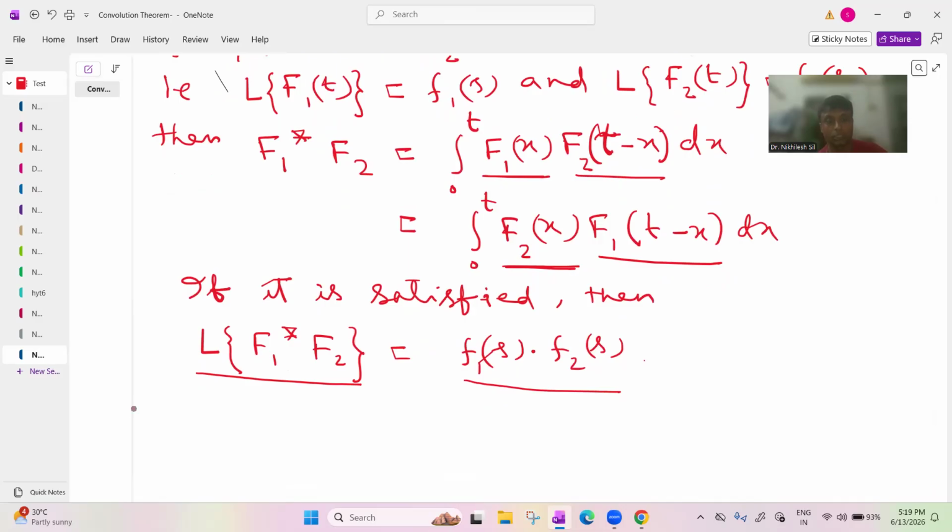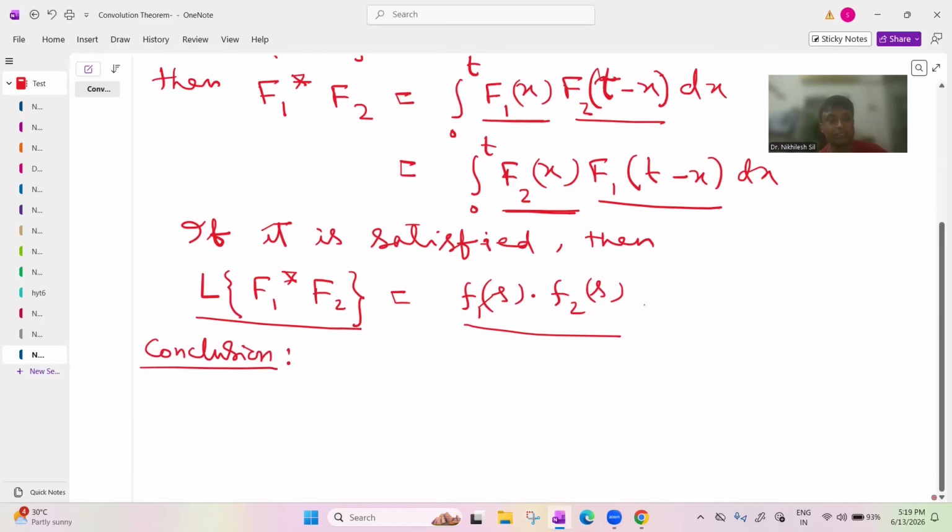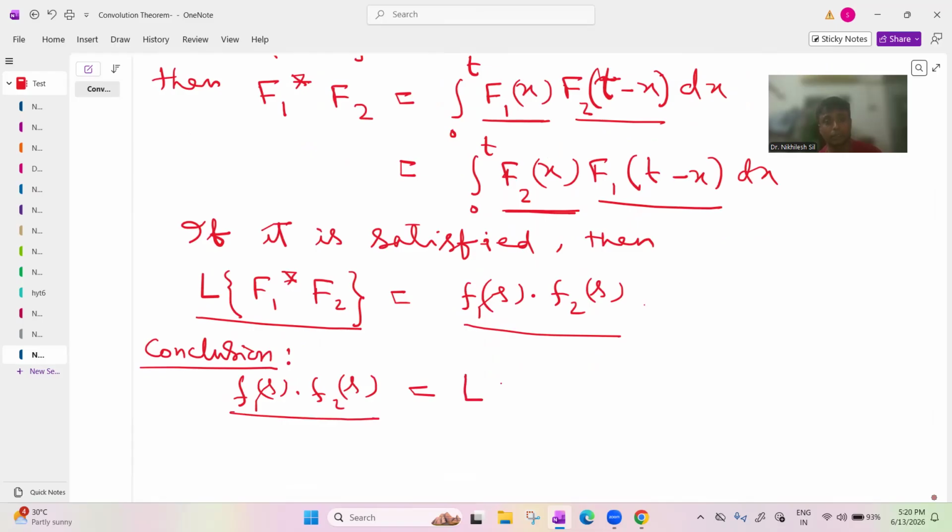Now, what is the conclusion? If we have to find the inverse Laplace transformation, suppose F1(s) into F2(s) is given, and we have to find the corresponding function. What do you have to do? F1(s) into F2(s) is equal to Laplace of f1 convolution f2.